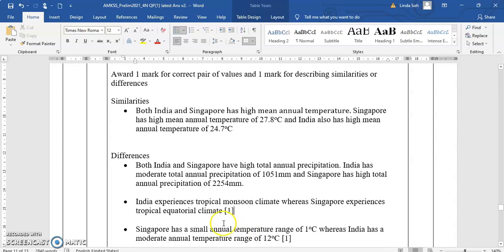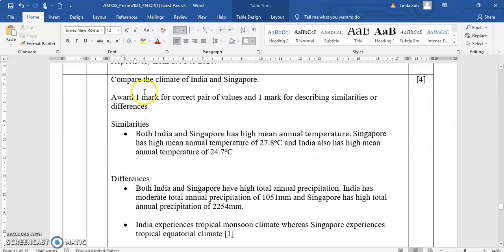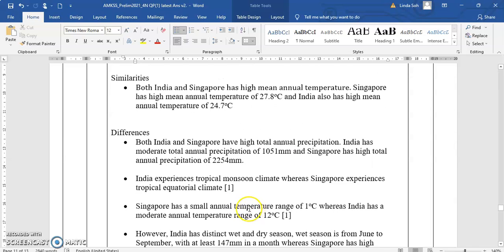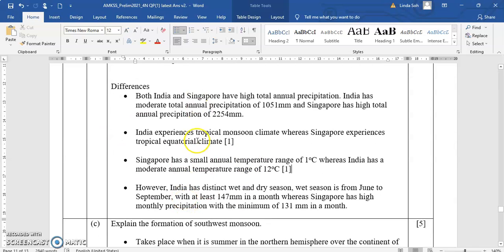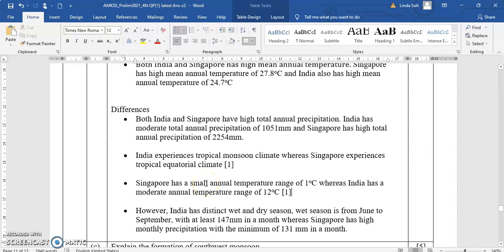You can also write the values, but there will be no marks for your values, so better not to write them. As long as you have one correct pair of values and one mark for describing similarities or differences, you do not need so many differences, just one will do.